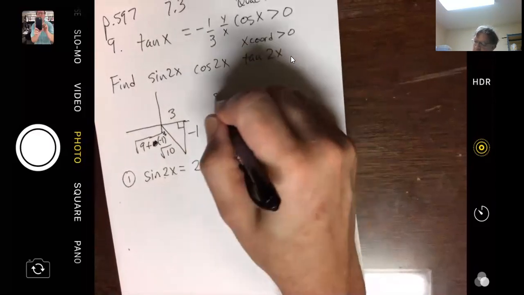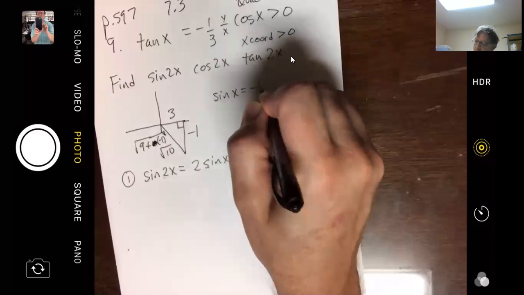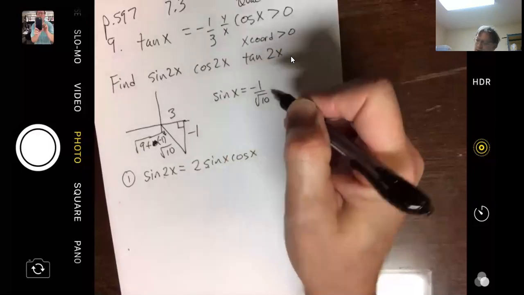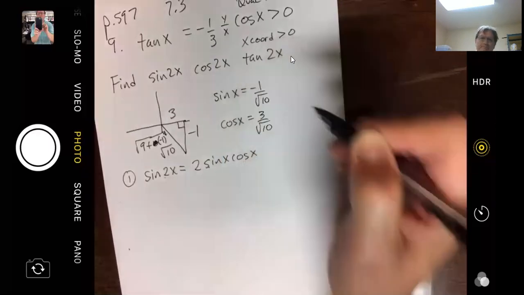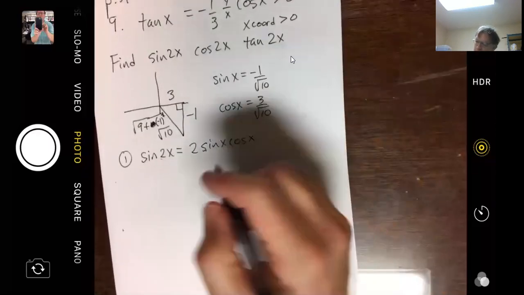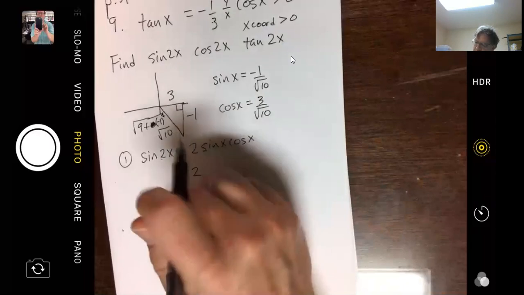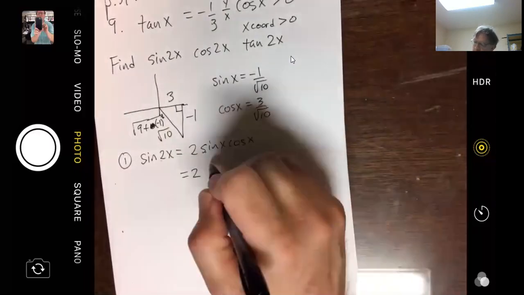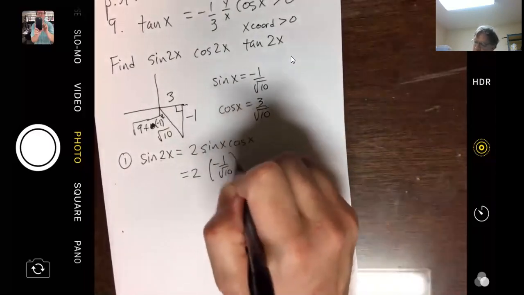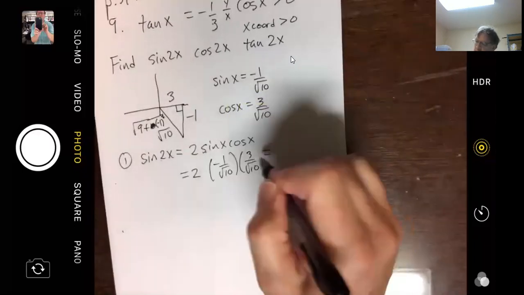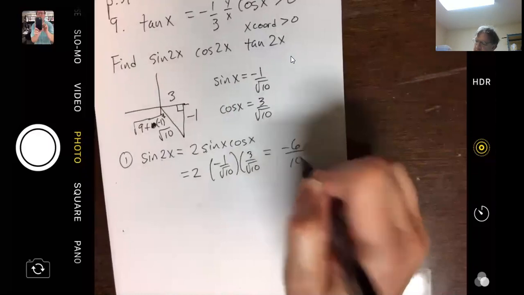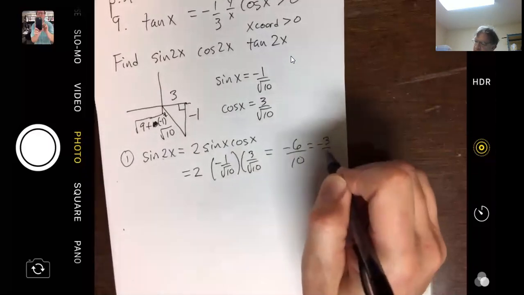Your sine x is -1 over root 10. Your cosine x is 3 over root 10. Plugging and chugging twice, -1 over root 10, 3 over root 10, we get -6 over 10, -3/5.